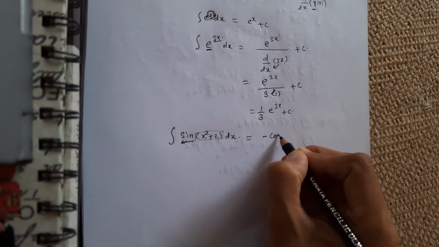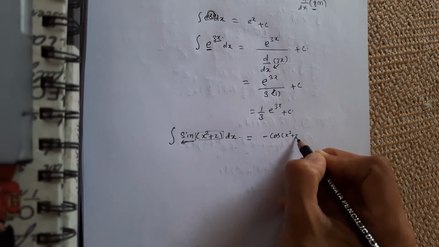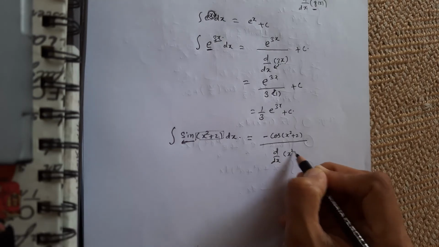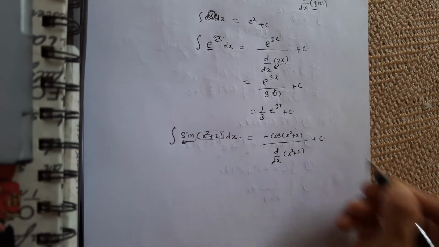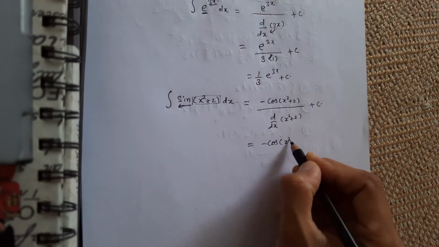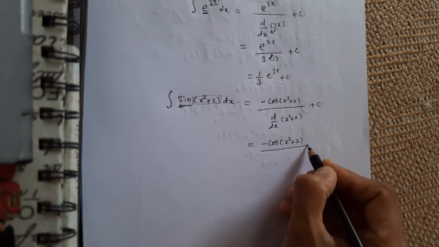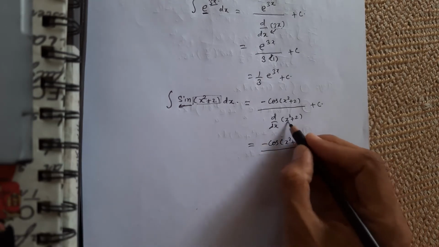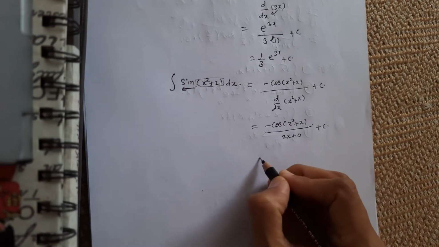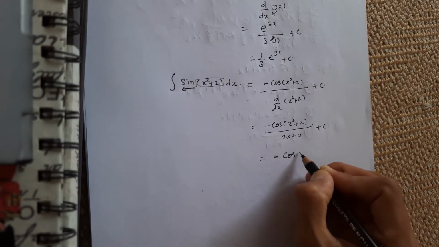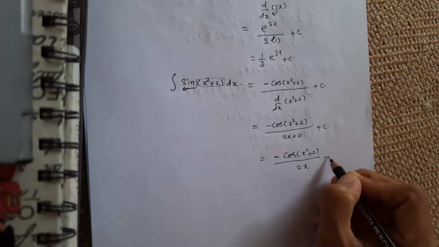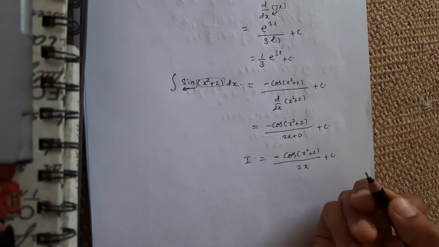So minus cos of x square plus 2, divided by the derivative of x square plus 2, which is 2x plus 0, plus c. So it is minus cos of x square plus 2 upon 2x plus c. This is the value of I.